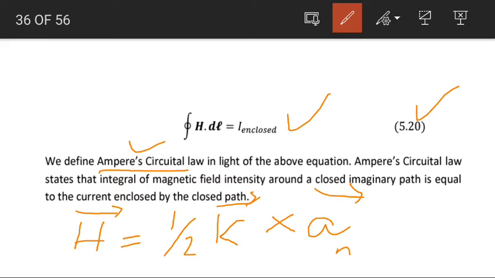So whatever may be the direction of the current in the sheet, that will be the direction of this K. And a N is a unit vector which is normal to the sheet. So we use this particular equation to find out the magnetic field intensity at any point, and this magnetic field intensity is caused by the current in the infinite sheet.